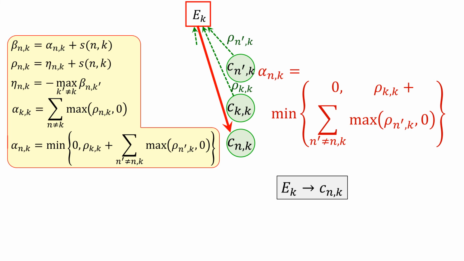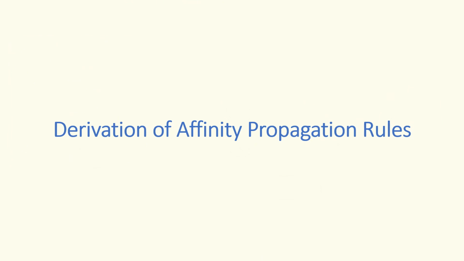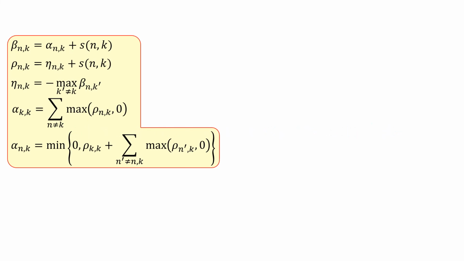So I have in place all 5 expressions that I need. These are all the messages of the factor graph. Now we are in a position to derive the rules for affinity propagation. These are the set of expressions that we have for the factor graph model.